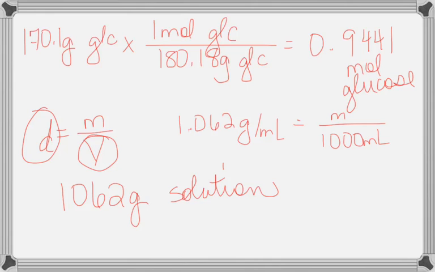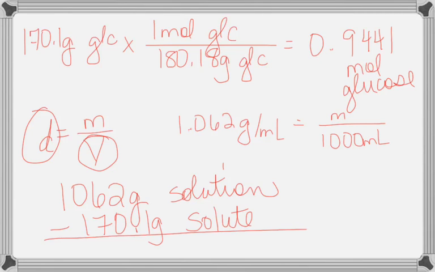But I just need, can I figure out how much water is in that? If I subtract out the 170.1 grams of the solute, then won't that tell me how many grams of solvent were there?